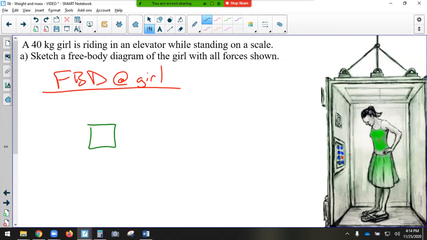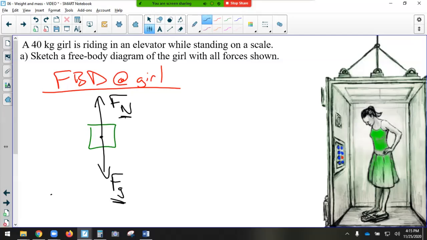Okay. She is a human, so therefore she has weight. She's standing on a scale on Earth, so therefore she has a force of gravity. She is on a scale, and therefore that scale is going to push back up on her, and that's her normal force. Her normal force is often seen as the apparent weight. That's the weight that you will feel or experience, which is different than your actual weight, which is Earth pulling you down.